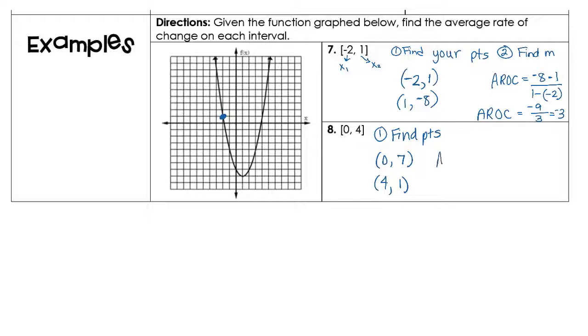And so now for our average rate of change, our second thing is to find m. So the average rate of change here is going to be 1 minus 7 over 4 minus 0. So in the numerator I have -6, denominator +4.